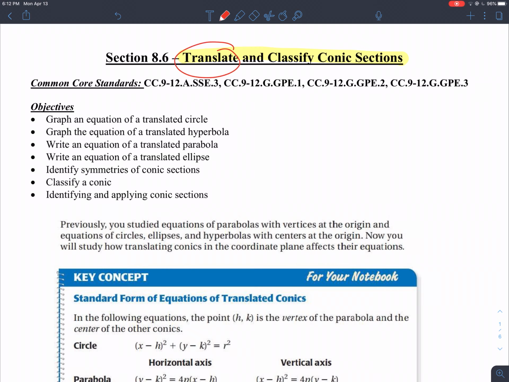So we're graphing all of the conic sections translated, and then we're writing all of the conic sections' equations after they've been translated. And then we're going to identify symmetries and classify conic sections. Okay, it's quite a lot going on there. The symmetries are fairly easy, but that implies that you already understand the conic sections fairly well.